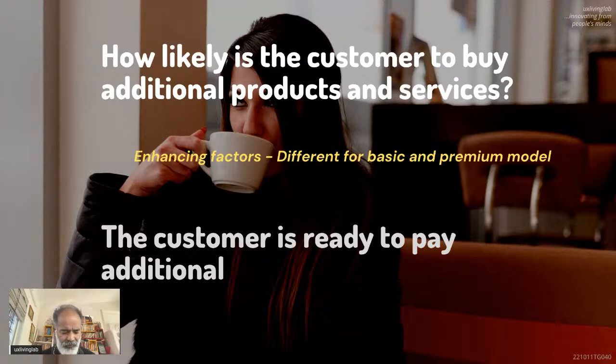Think about a car, you can understand what is a premium model and a basic model. Like that in coffee also you can think about different sizes of cups. Or the customer may think about size difference as an enhancing factor, or color difference as an enhancing factor. So different things you can think about as enhancing factors, and we have to analyze these factors from the customer's perspective. The customer is ready to pay for the addition, so they know that there is something added to the product and it's valuable. The customer is ready to pay.